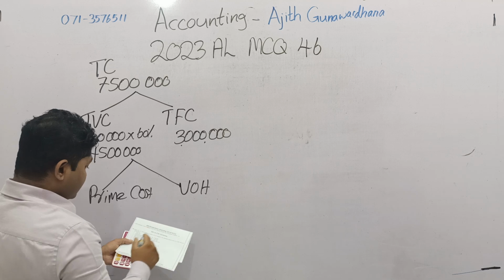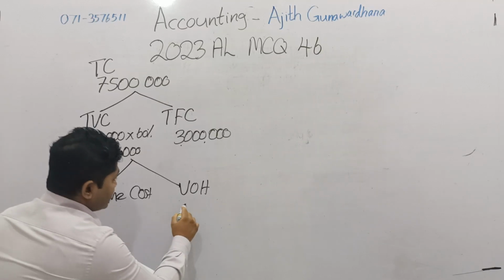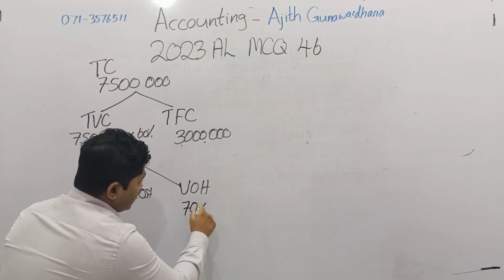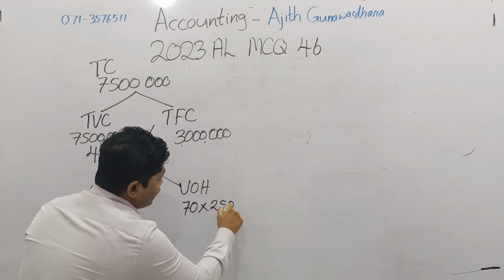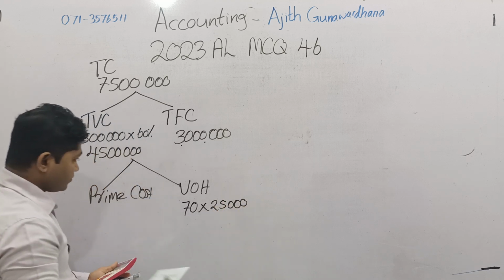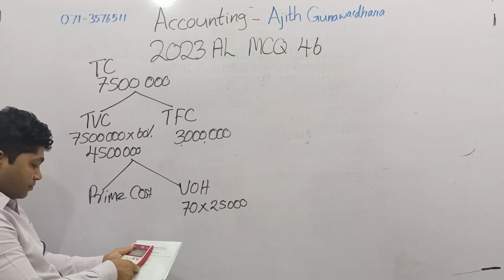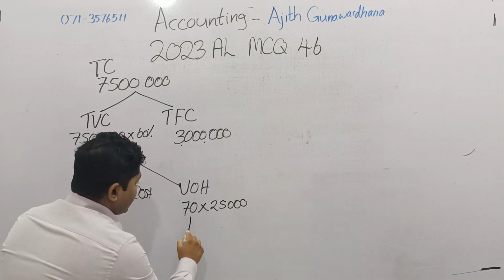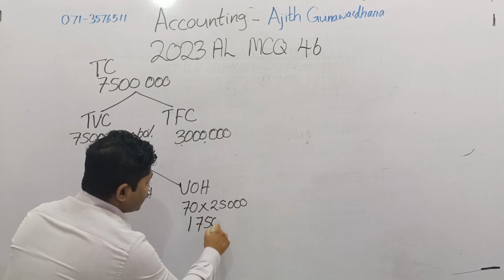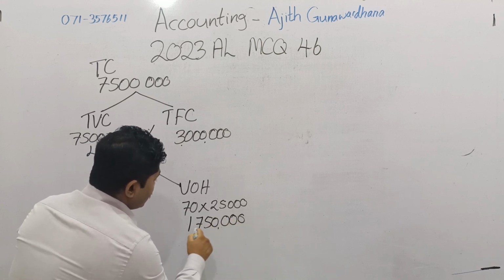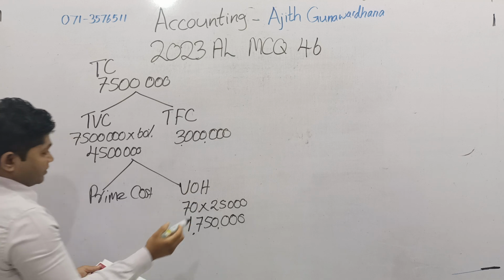Total variable overhead per unit is given as 70. Therefore, 70 into 25,000, where 25,000 is the quantity, equals 1,750,000. This is the total variable overheads.